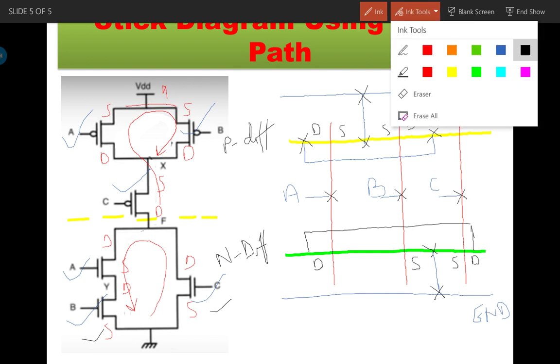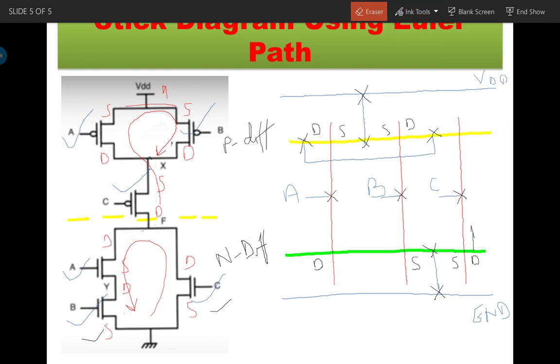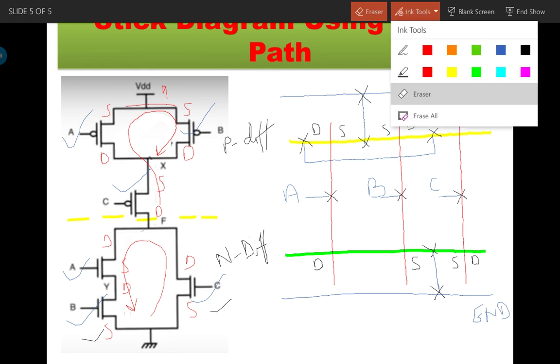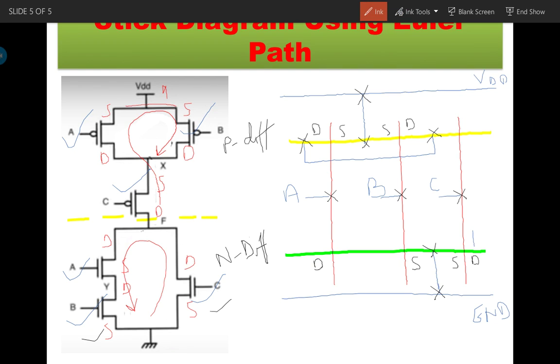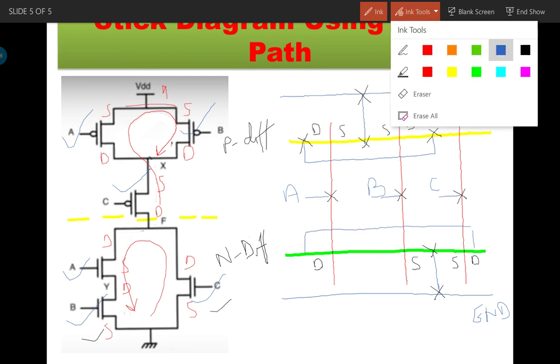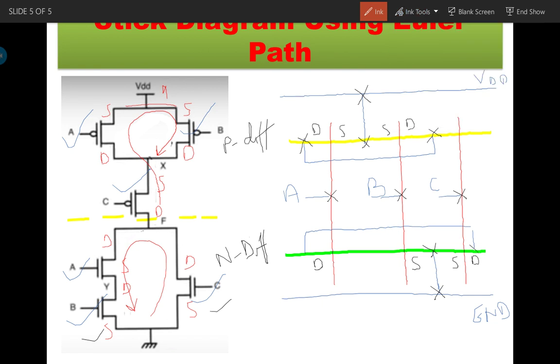So I have to take the blue line here. The drain of A and the drain of C are connected together, and they are connected with the drain of the C input PMOS transistor.